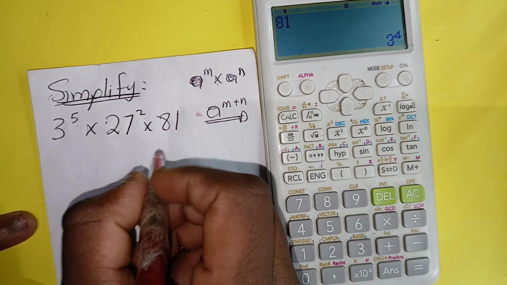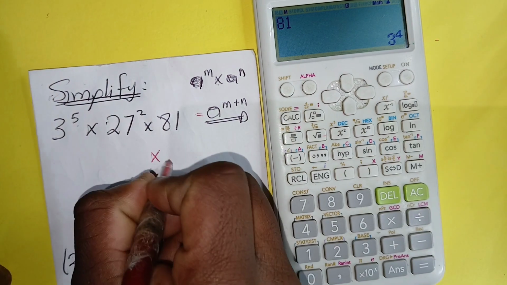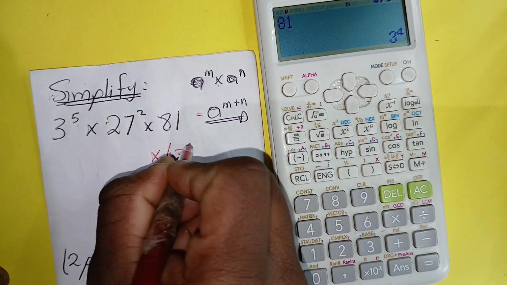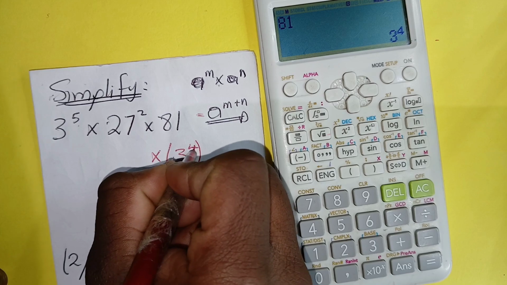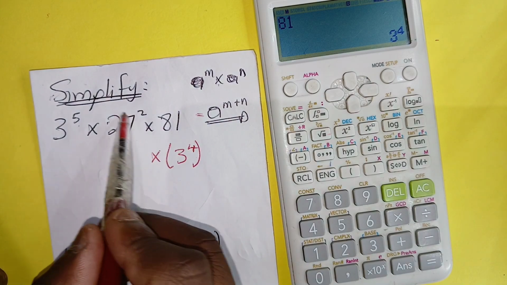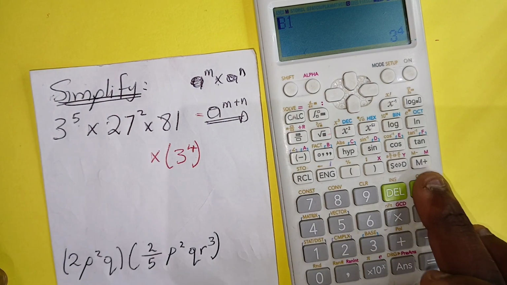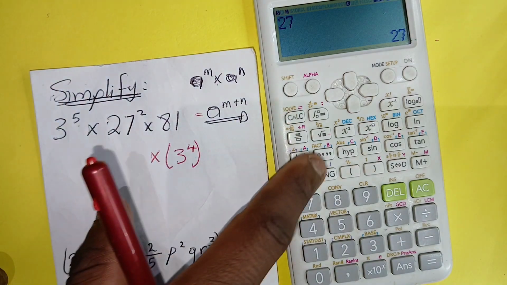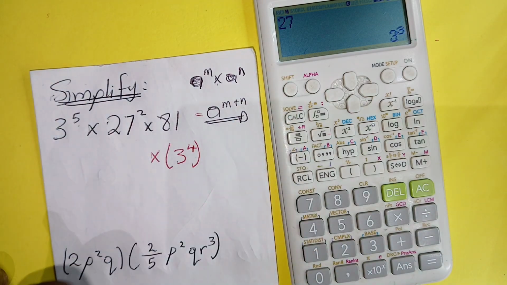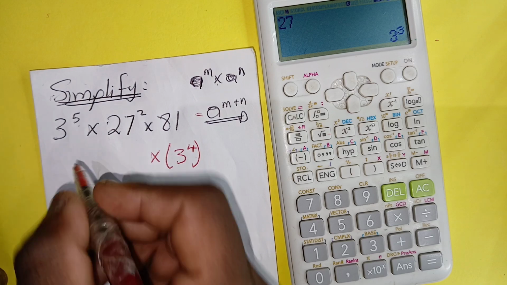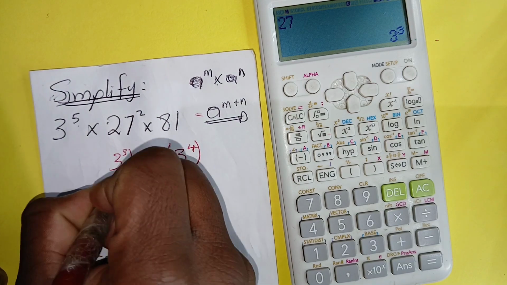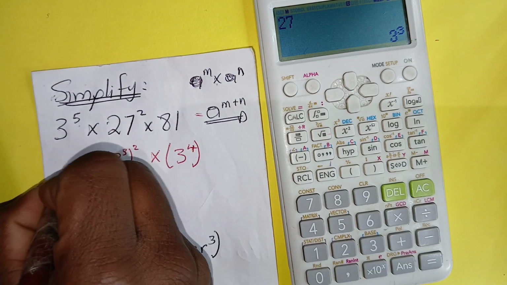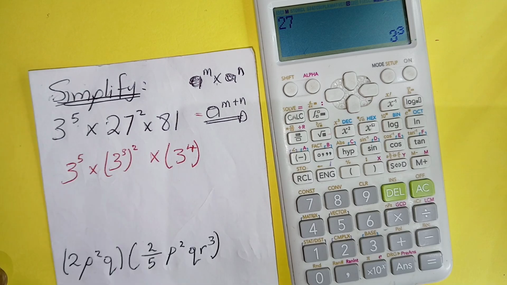You can see that 81 gives us 3 to the power 4. Now if we change 27, we say 27, equal, shift and fact. Now you can see we get 3^2 multiplied by 3^5.